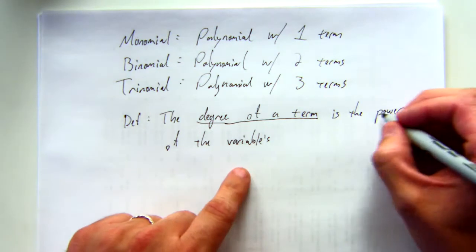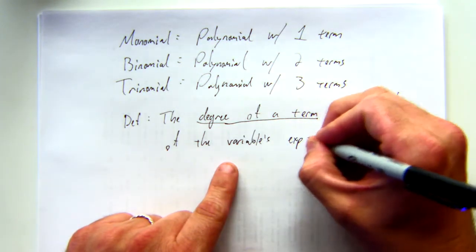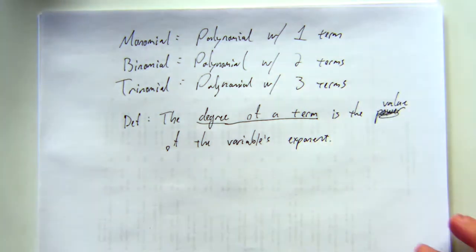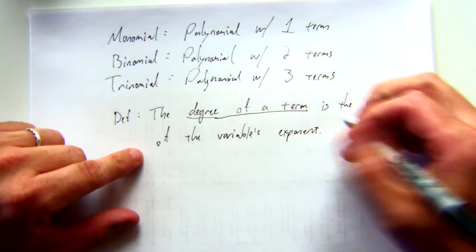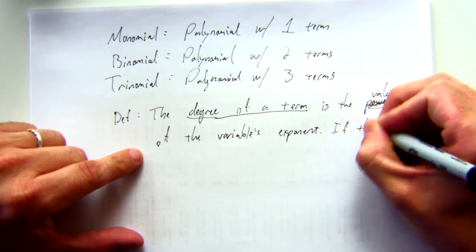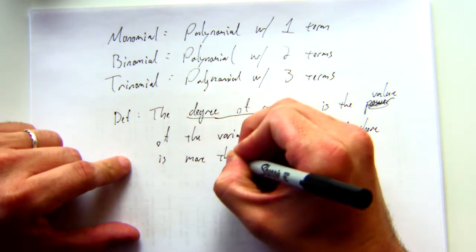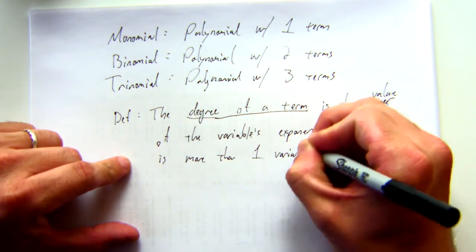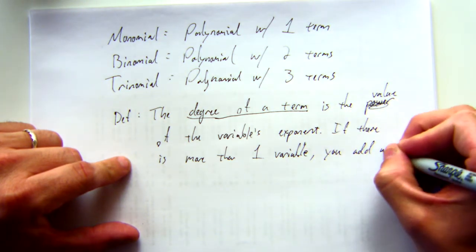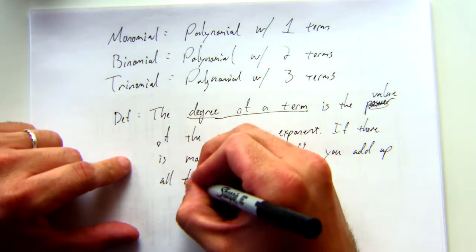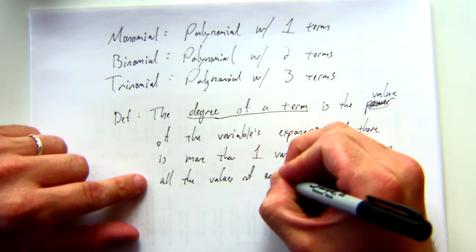Variables, I should say the value of the variable's exponent. Okay? But if there's more than one variable, you add up all the values of each exponent.